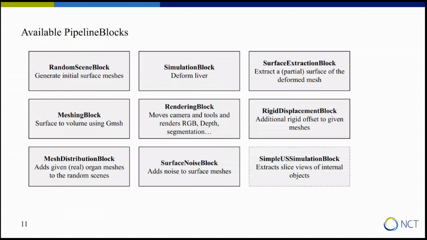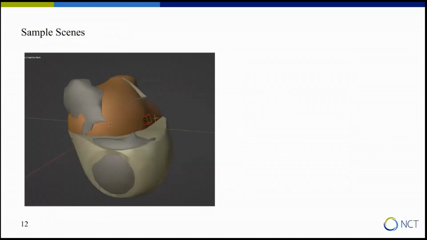So for example, we have a block that adds noise to a point cloud, or we have the rigid displacement block, which simulates that before the operation, we usually have the intraoperative data and the preoperative data in entirely separate coordinate systems. So that's what the rigid displacement does.